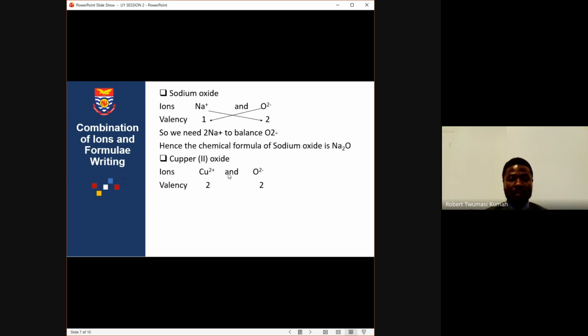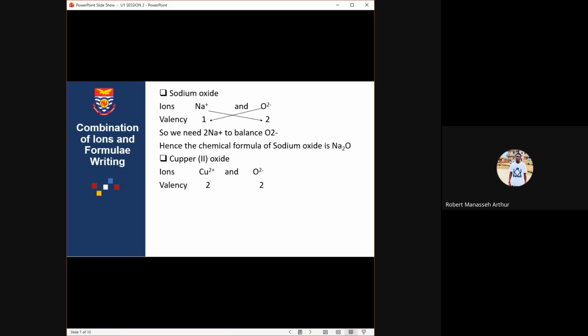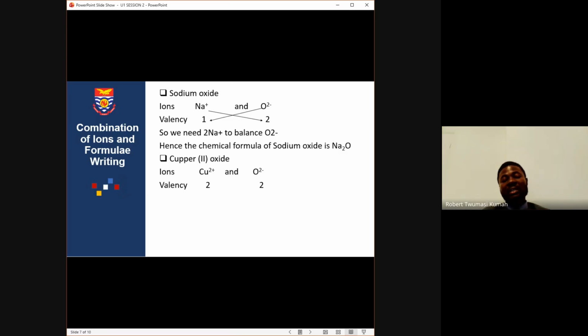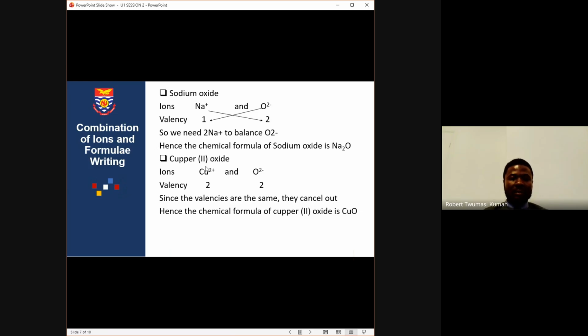We are going to cross them, but when we cross, we are going to get -2 for copper, +2 for oxygen. So what is -2 plus +2? What do we have? 0. It is 0. So it means that we are only going to write CuO, because as this is positive 2, the other one is negative 2. So they can cancel out straight away. And we have CuO.